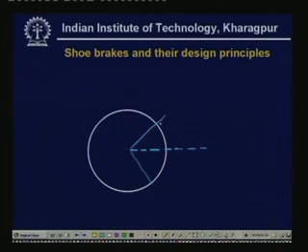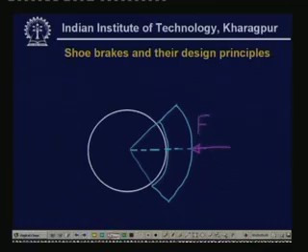This is the shoe of this brake, and we apply a braking force F.